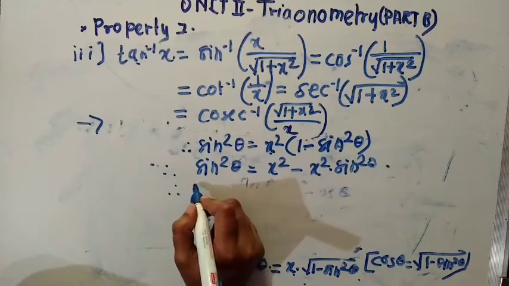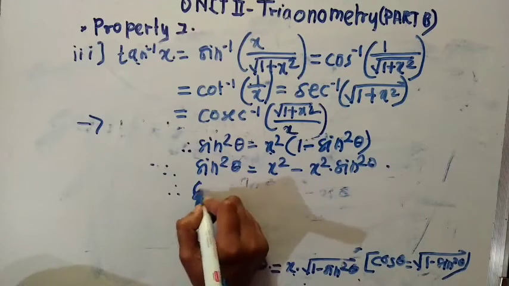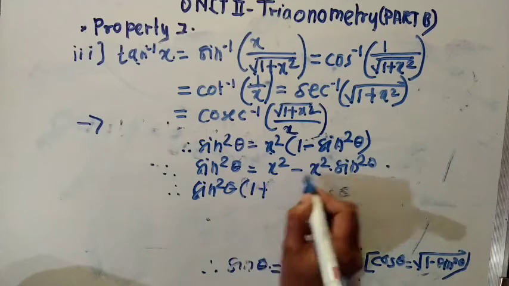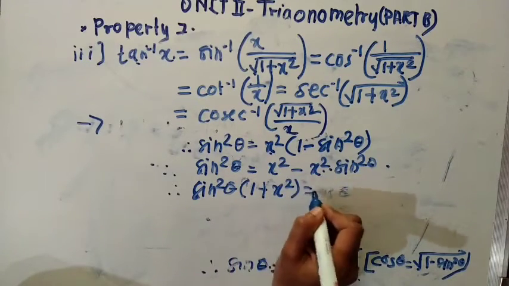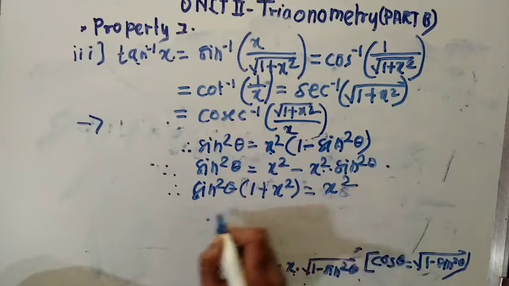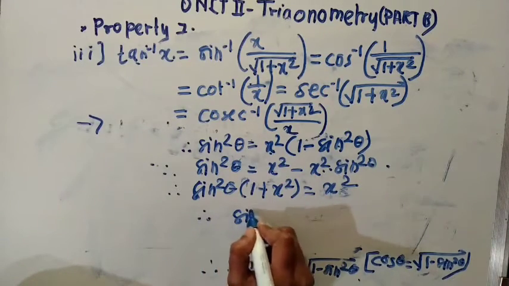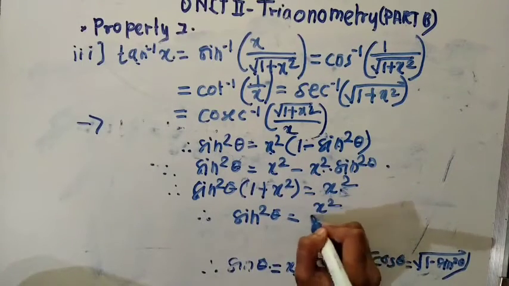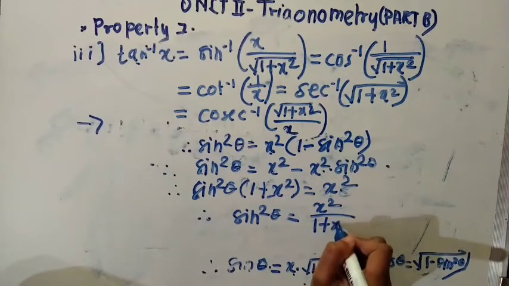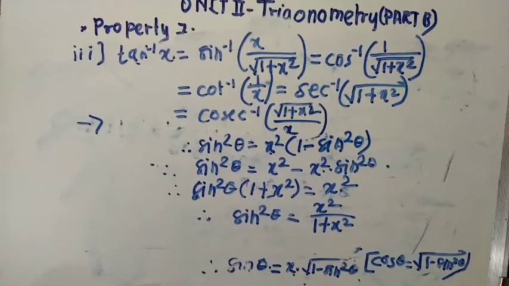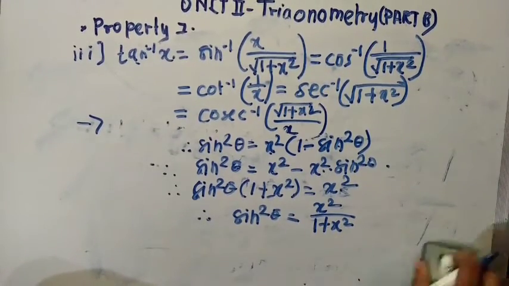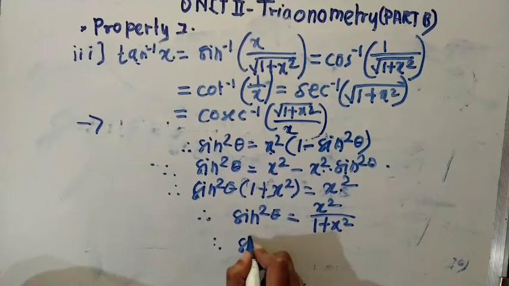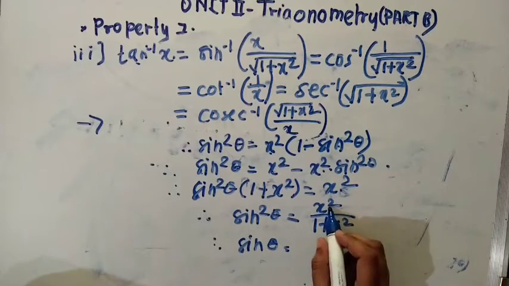Taking sin square theta common, in the bracket we get 1 plus x square is equal to this x square. Hence sin square theta is equal to x square upon 1 plus x square. Hence sin theta is equal to the square root of this.